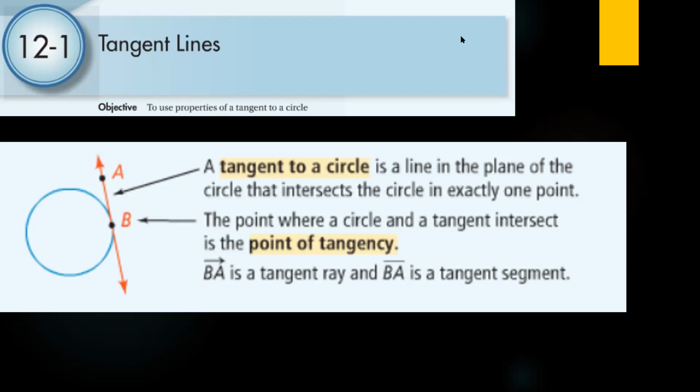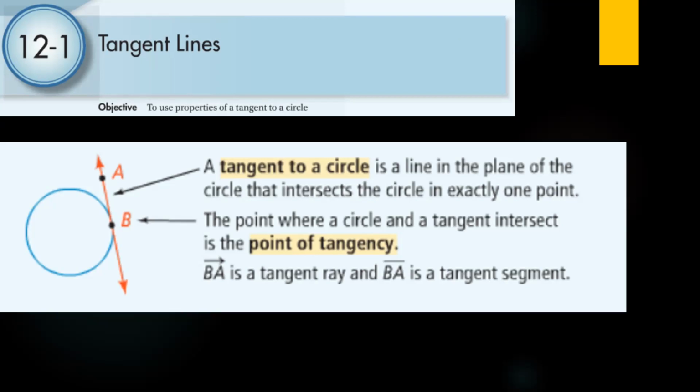It's passing close to the circle. It touches it. This type of line, we call it a tangent line. A line that intersects the circle in exactly one point, we call it a tangent line.